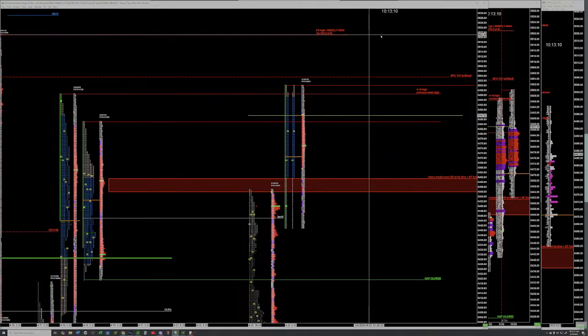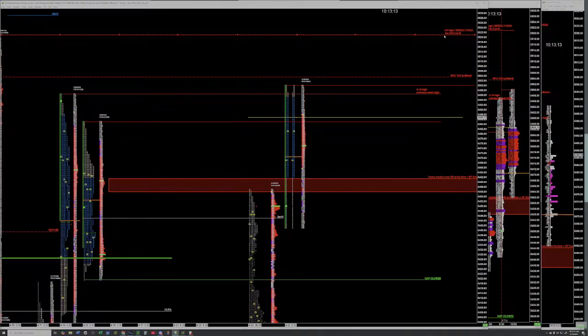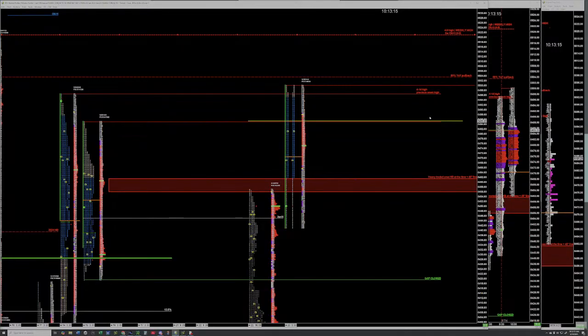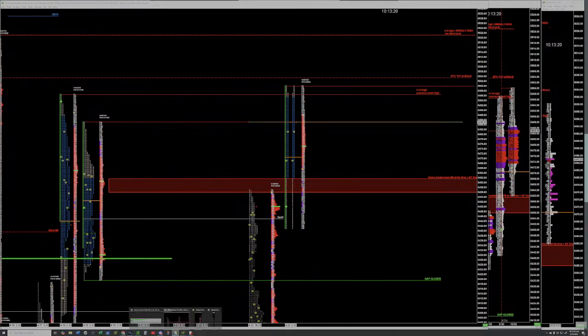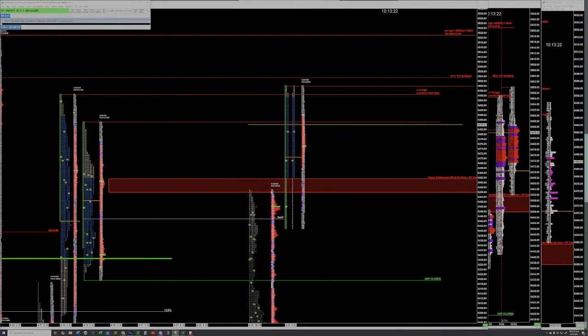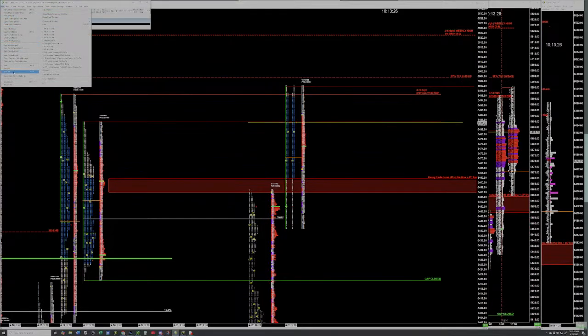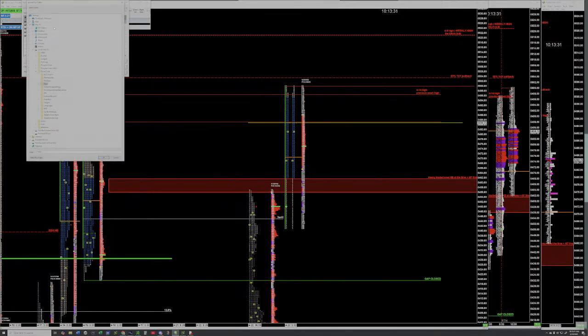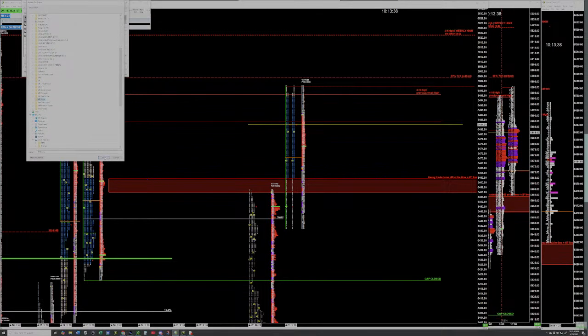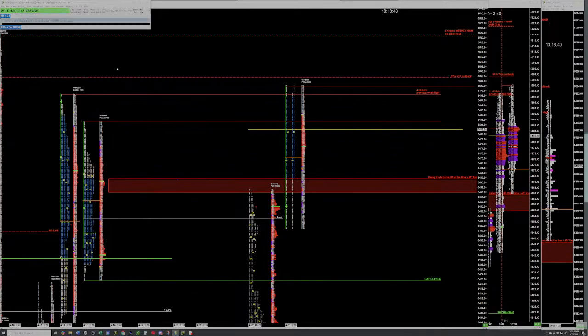I use market profile to gather information. Let's save that chart book. Save as 2021 folder 1. Sierra. Okay. Save. All right.